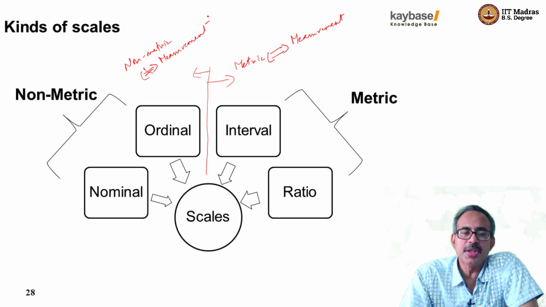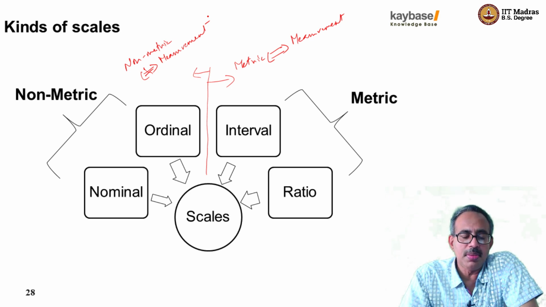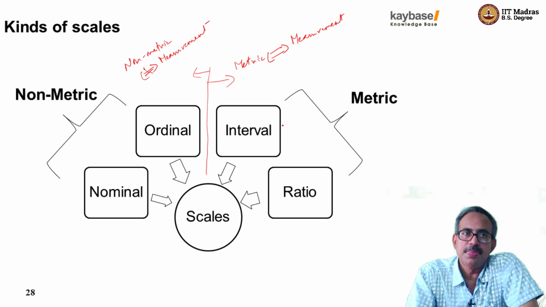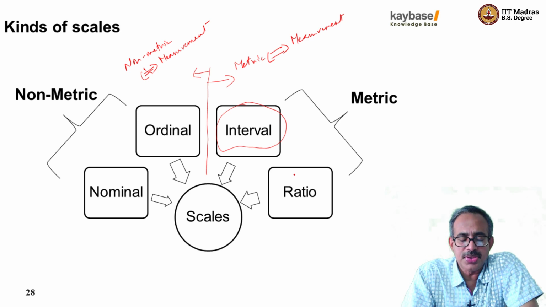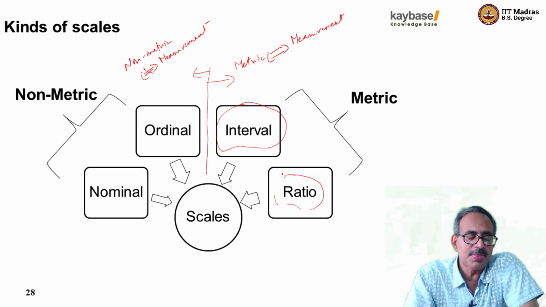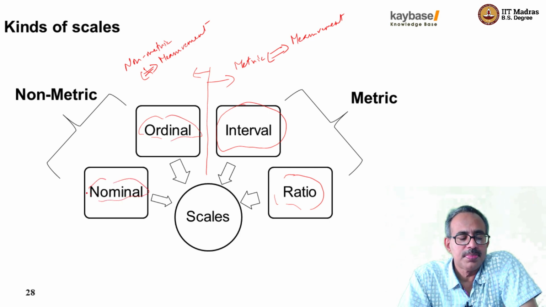So that's why I said scaling is not always about measurement. Very often, however, in practical market research, we will be using interval scales. This is the one that we use extremely commonly. And generally speaking, scaling is about interval scale. Sometimes we use ratio scales. Sometimes we use ordinal scales. Sometimes we use nominal scales as well. Right? Okay, so far?